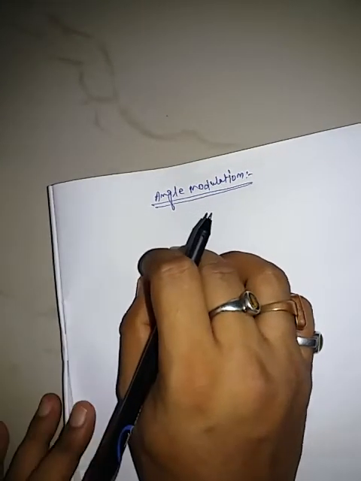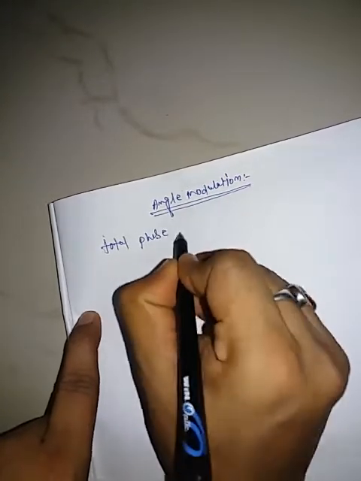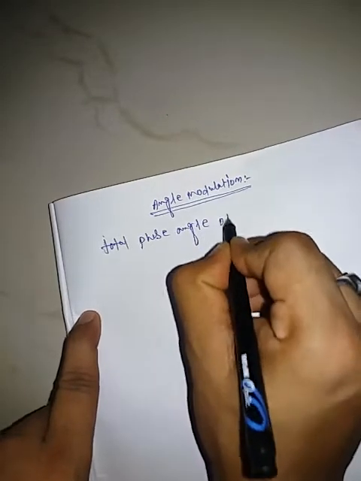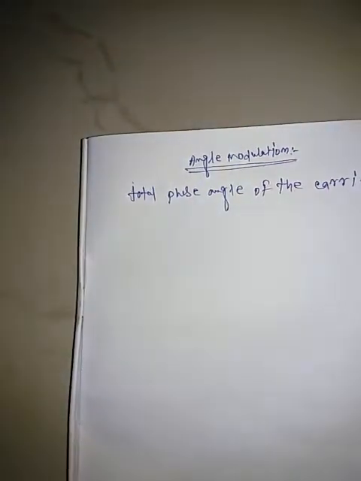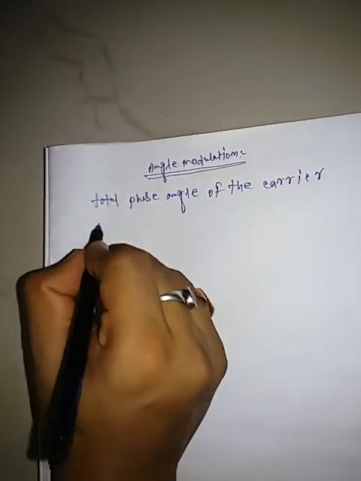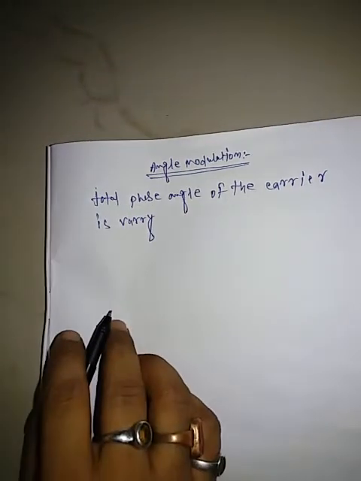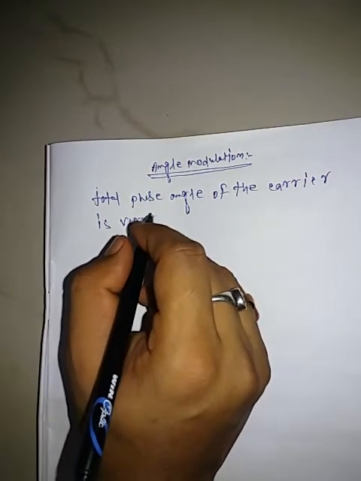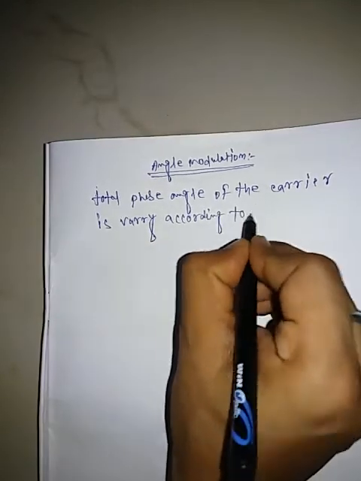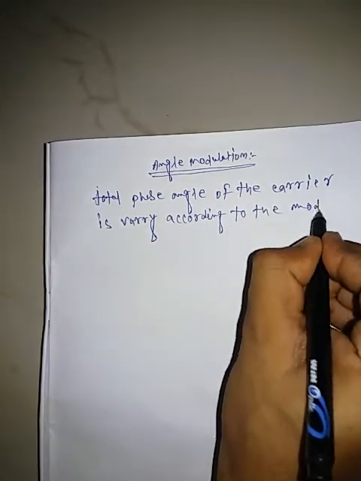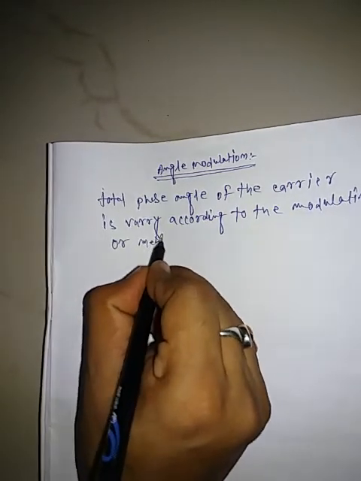So, in angle modulation, the total phase angle of the carrier is varied according to the modulating signal or message signal.